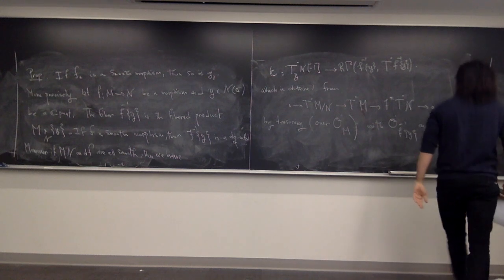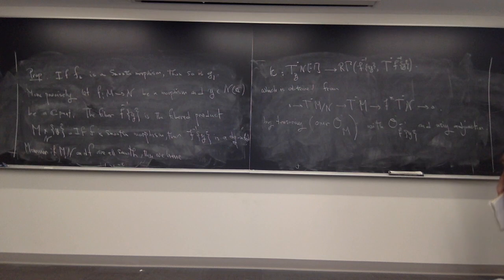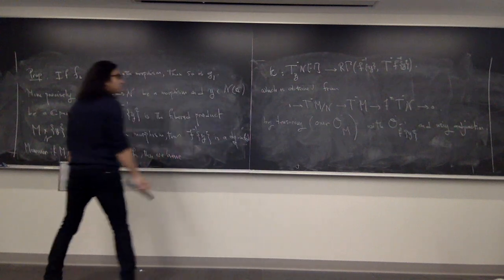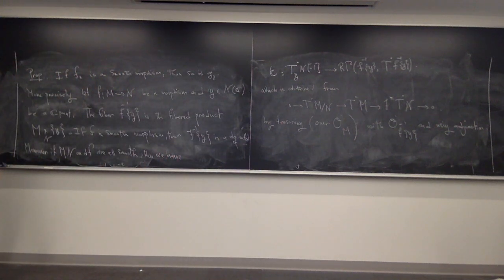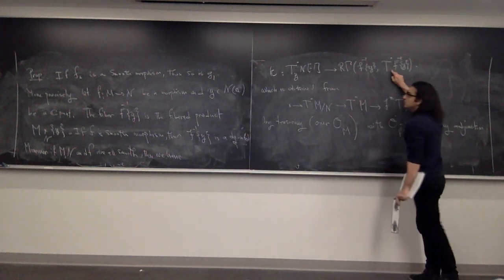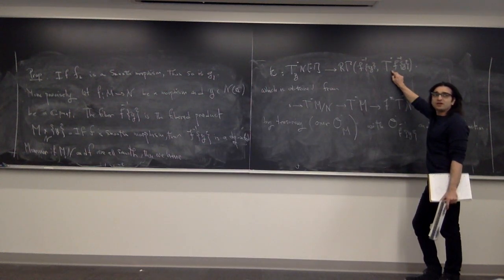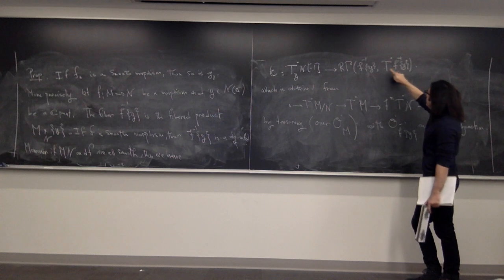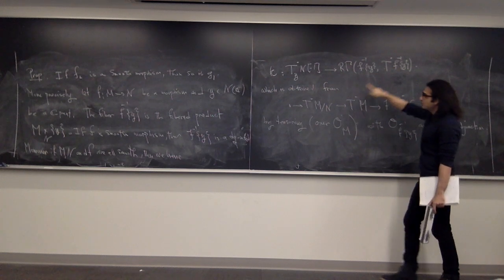Okay. This guy is the one that sees the relative tangent sheaf. You have the relative tangent sheaf of M over N, but really, the tangent space of this one lives in here, right?